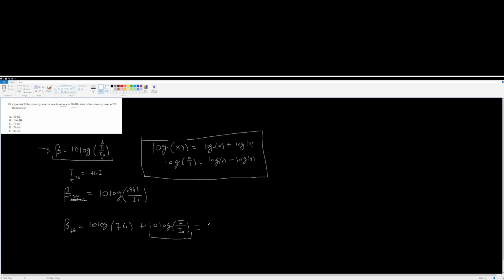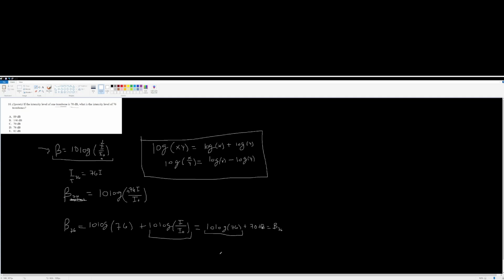So really, this equals 10 log 76 plus 70 dBs, and that is equal to our sound level of 76 trombones.